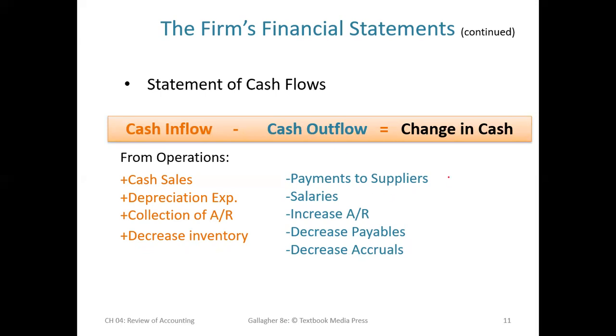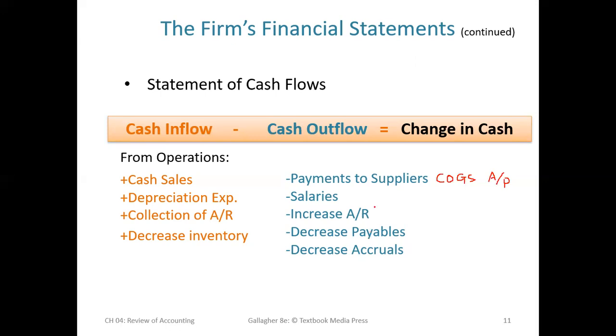Payment to suppliers, usually we're using this one. You can see the cost of goods sold plus the payment to suppliers, accounts payable, and the salaries, accruals. Or you increase accounts receivable: you subtract the increase in accounts receivable, and you subtract the decrease in payable.